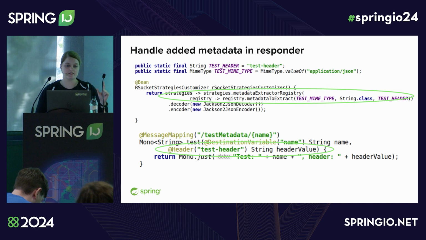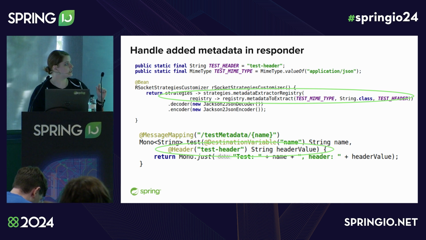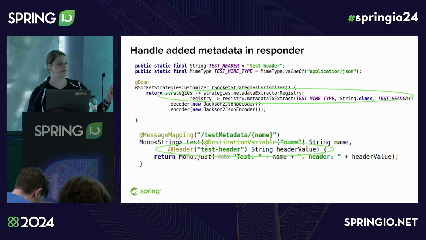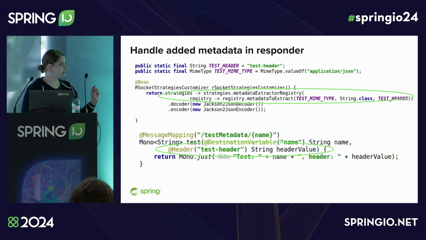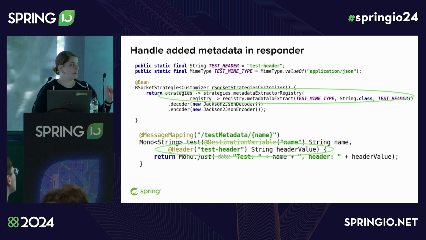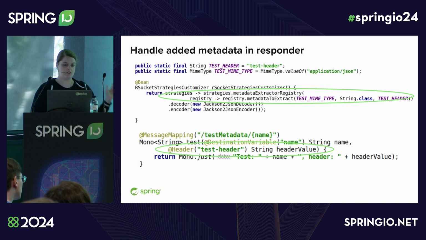It's a tiny bit more complex on the responder side. And I'm going to do a quick digression to the responder to show you how to read these metadata entries. So basically, in order to be able to handle this, you need to add a strategy.